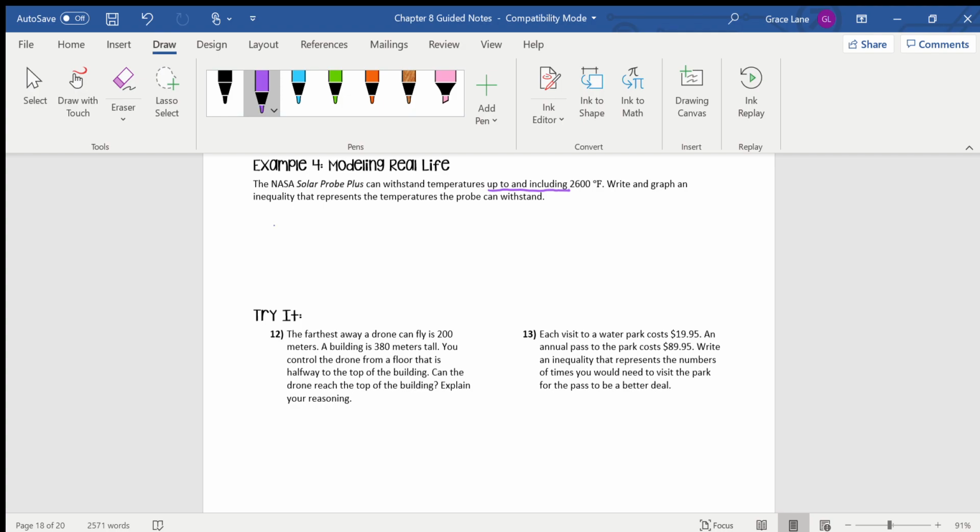I want to pick T, and so I'm saying like temperatures can withstand up to and including. That means that temperatures have to be less than or equal to the 2,600. Otherwise, this thing will melt. So that's the inequality, and then you want the graph.